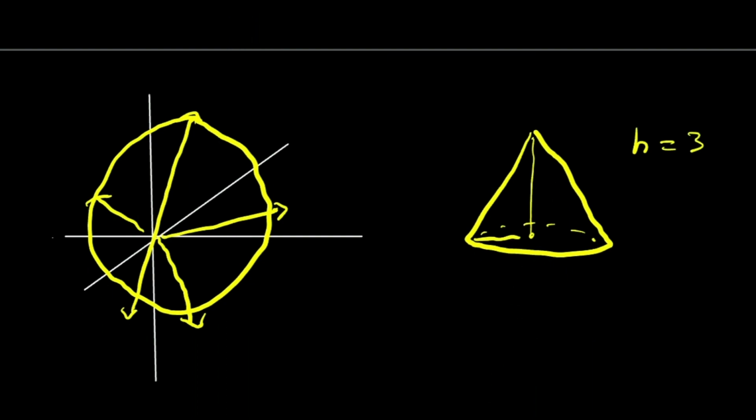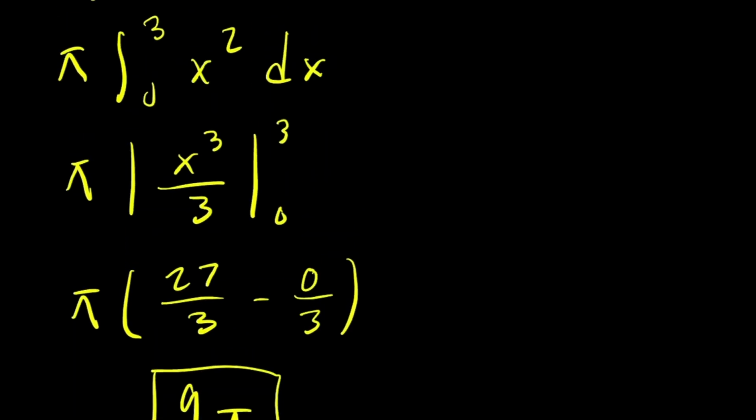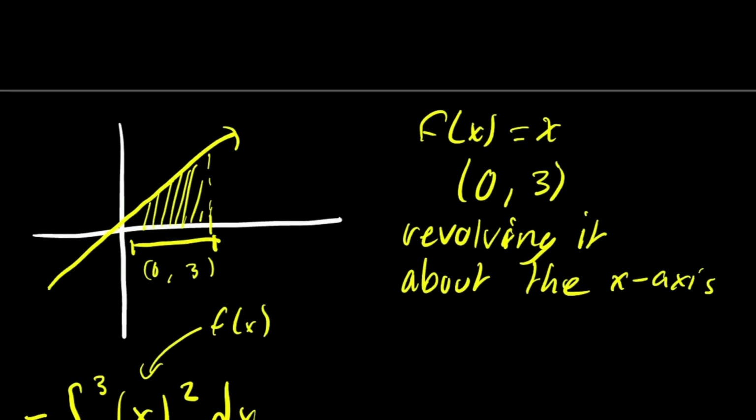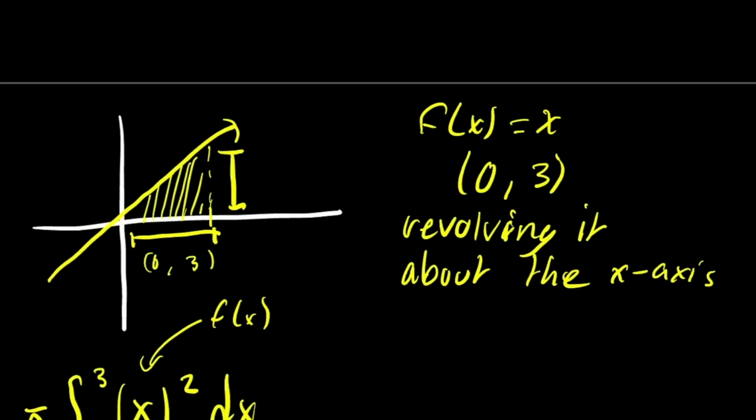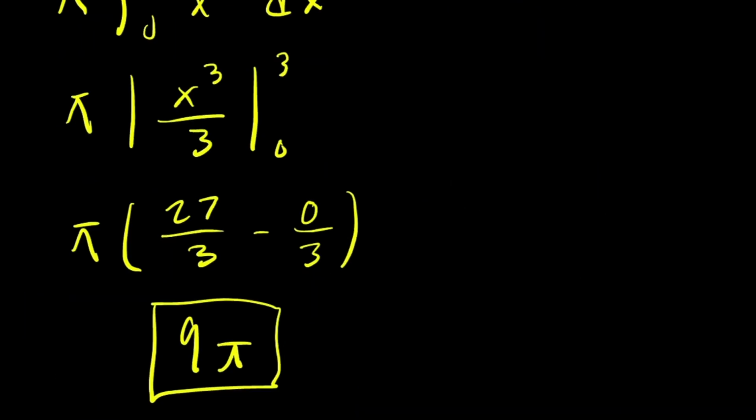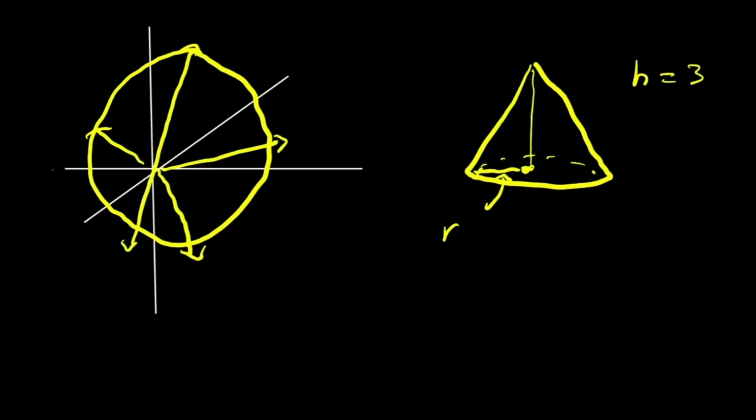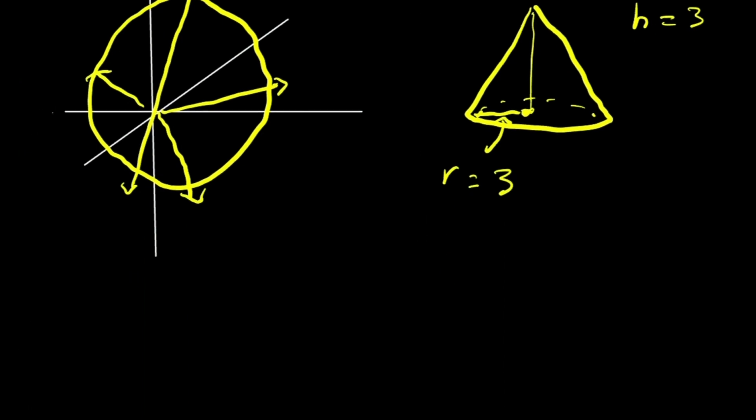And our radius, r, is going to be the height of where it ends up. So it goes from 0 to 3. So f of 3 equals 3 because f of x just equals x. So our r equals 3.